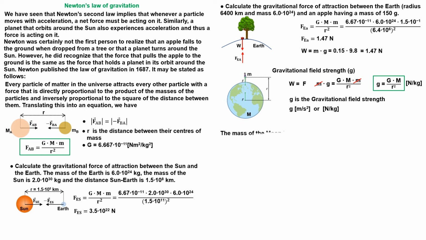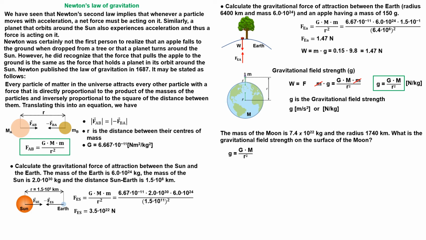The mass and radius of the Moon are given as follows. What is the gravitational field strength on the surface of the Moon? Use the equation for g to determine the gravitational field strength of the Moon. The gravitational field strength of the Moon is 1.7 newtons per kilogram. The gravitational field strength of the Earth is 9.8 newtons per kilogram.